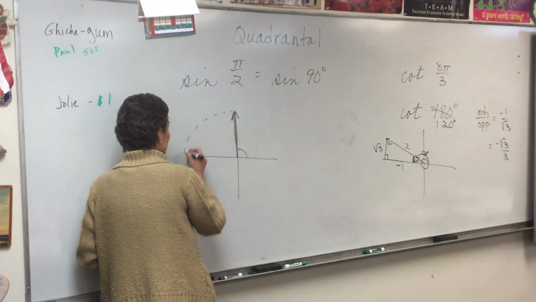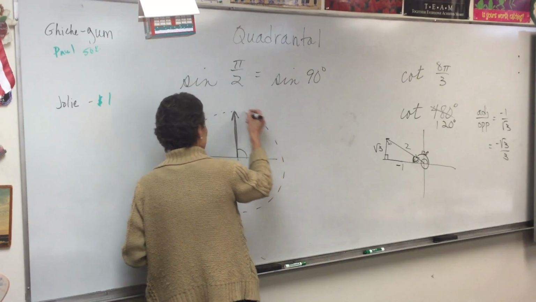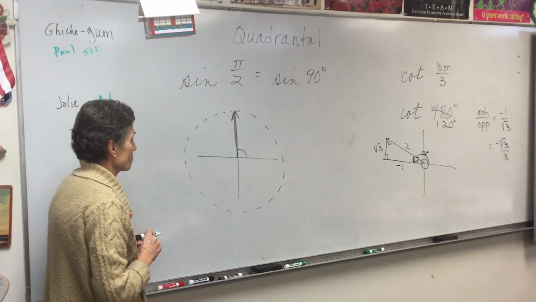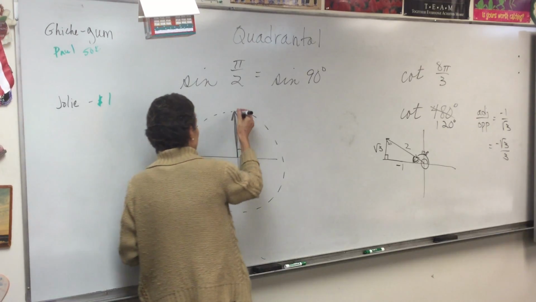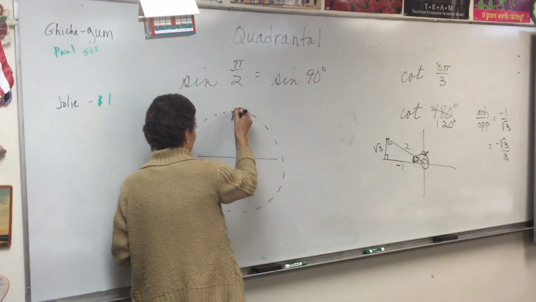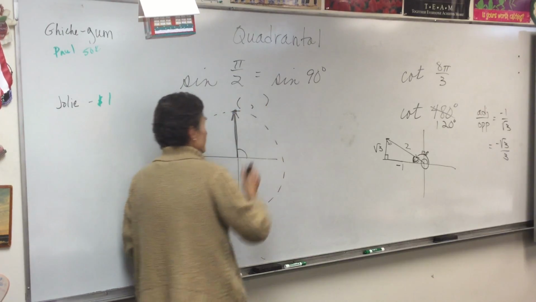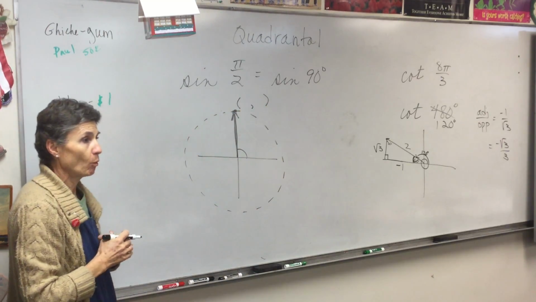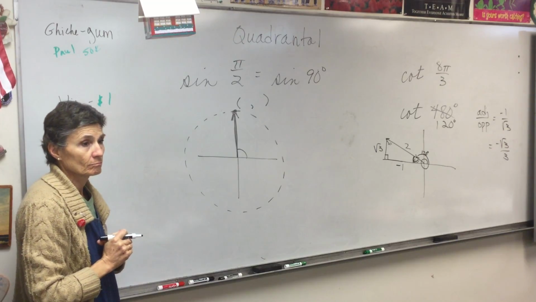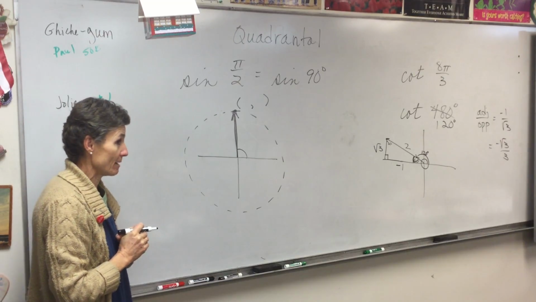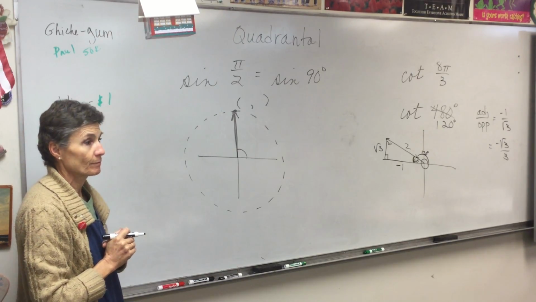What I'd like you to do is envision a circle here. And I'd like you to think about this point right here. Could you tell me the coordinates of that point? Could you tell me anything about the coordinates of that point?